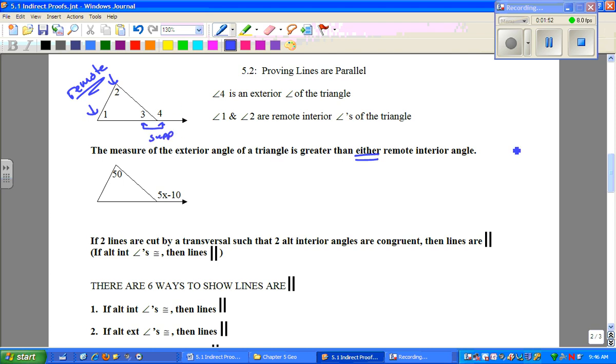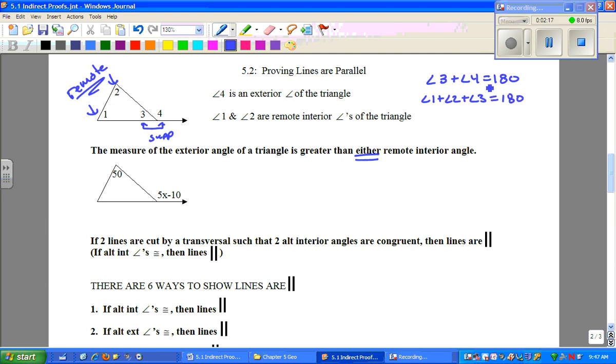So ultimately, what are we able to do? We're able to say that angle 3 plus angle 4 equals 180. We're also able to say, because this is a triangle, and in a triangle there are 180 degrees, that angle 1 plus angle 2 plus angle 3 is equal to 180.